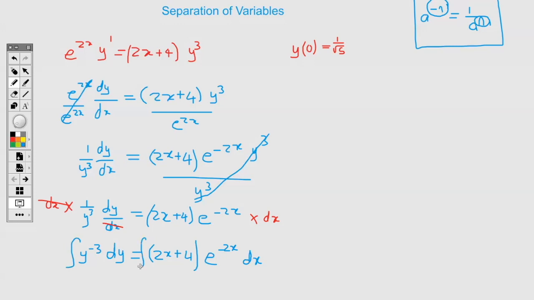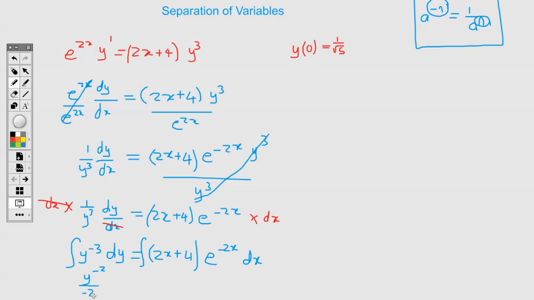Now integrating y to the minus 3, we're just going to add 1 to the power. So integrating this with respect to y, I will have y to the minus 3 plus 1, that's negative 2, and would also divide it by the same power, which is minus 2.